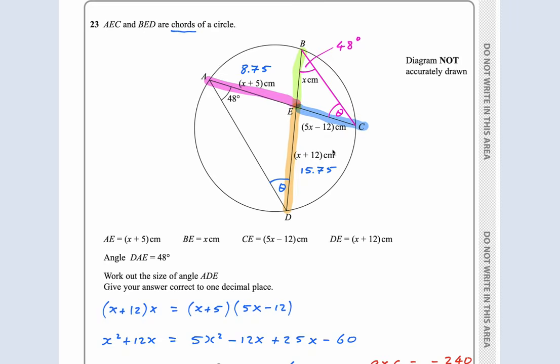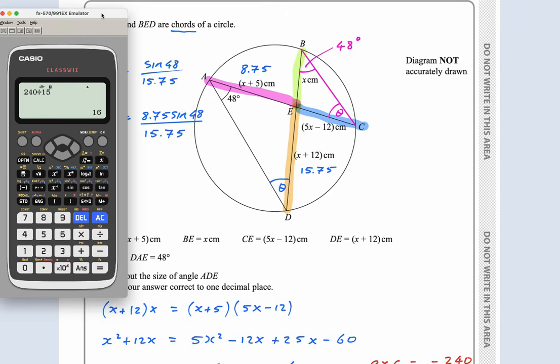So my sine rule will be sine theta over 8.75 equals sine 48 over 15.75. Sine theta is therefore, multiply across, 8.75 sine 48 over 15.75, and theta is just going to be the inverse sine of all this.